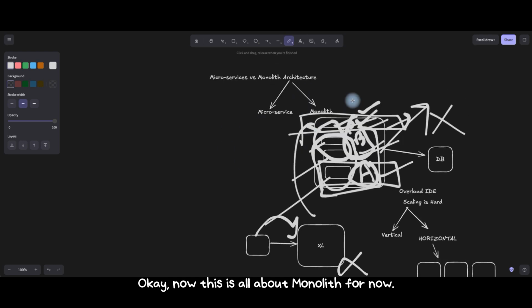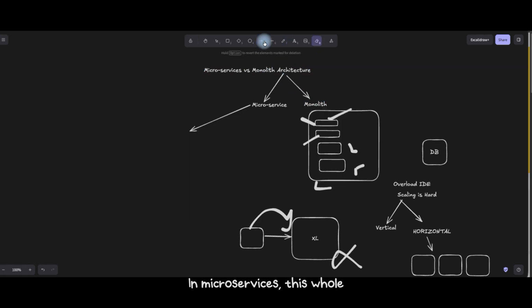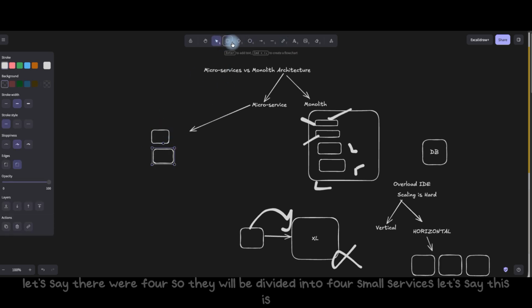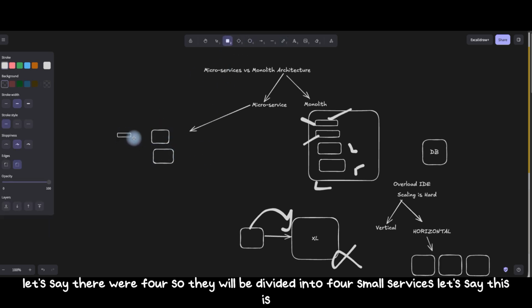Okay, now this is all about monolith for now. Let's talk about microservices. In microservices, this whole big application is divided into small services. Let's say there were four, so they will be divided into four small services.